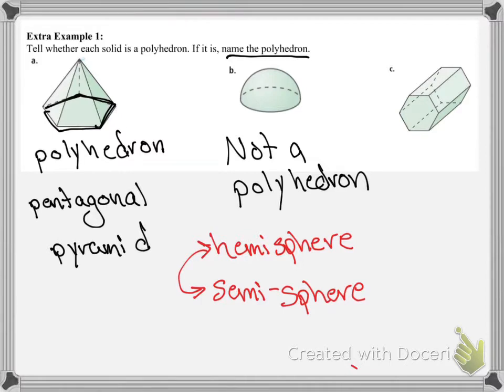All right, now this next one, if we see here, we have to figure out where's the base. The two bases, one needs to be on top of the other, so my base actually, I think, is this guy right here, because there's another one back here, and these sides are rectangles. So that would be a prism, so that makes it a polyhedron.